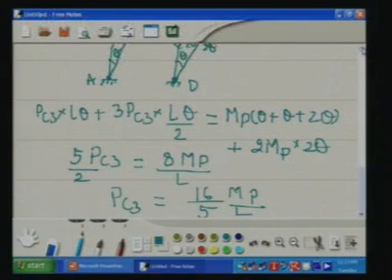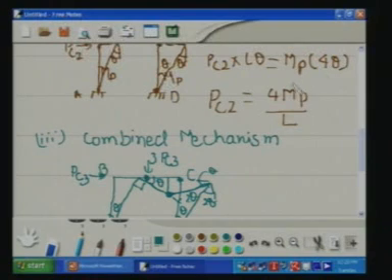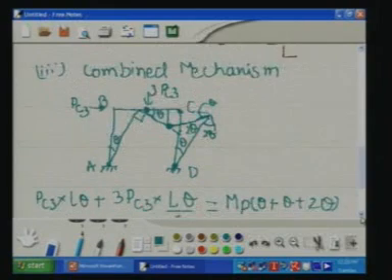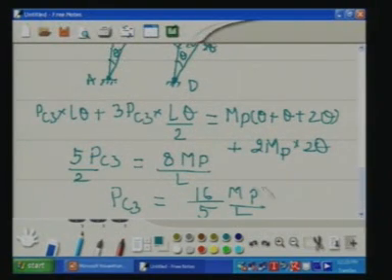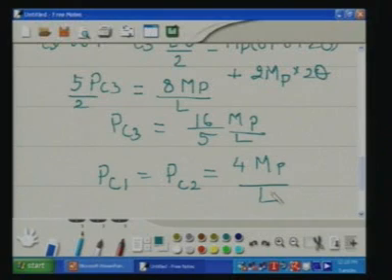In the earlier two cases, let us see what is the value of critical load that has come. In both the cases, PC1 and PC2, that is the critical load in mechanism 1 and mechanism 2, it is coming out to be 4 MP by L, and the critical load in the third mechanism is coming out to be 16 by 5.